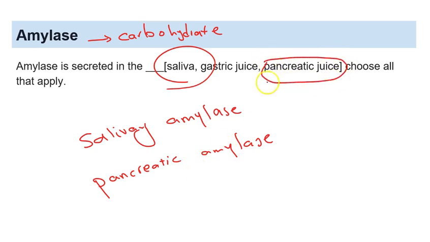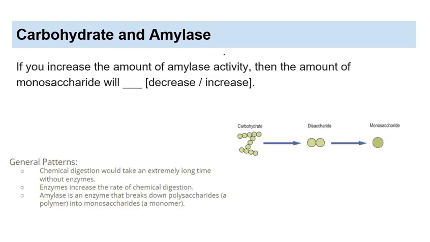So for a question like this, you should answer that amylase is secreted in saliva and also in pancreatic juice. Do we have amylase in gastric juice? No, there is no amylase in gastric juice. So we have salivary amylase and pancreatic amylase. It's going to be found in saliva and pancreatic juice.